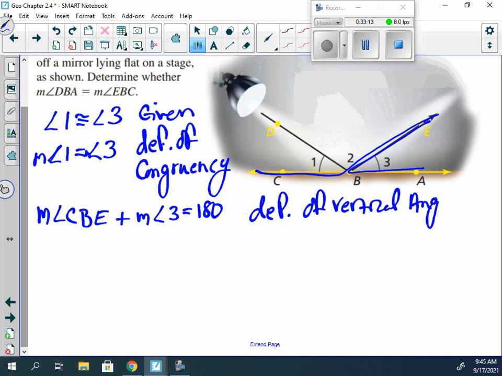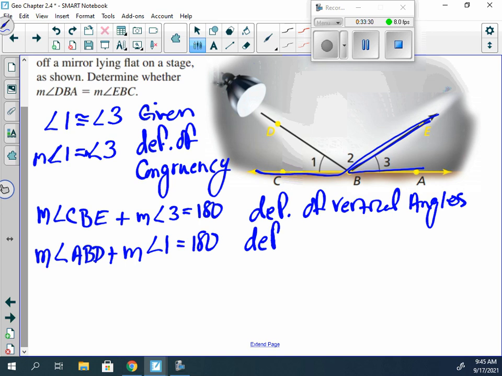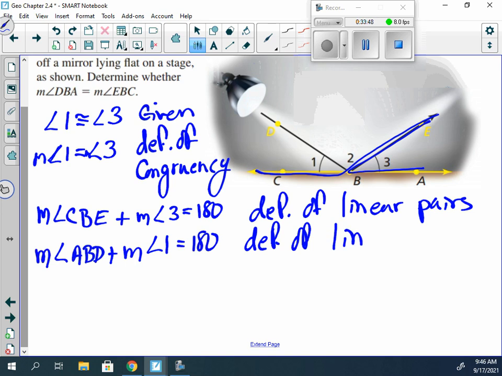Linear pairs. By the same property, we can say the measure of angle ABD plus the measure of angle 1 is equal to 180. Lord, it must be a Friday. Sorry about that.